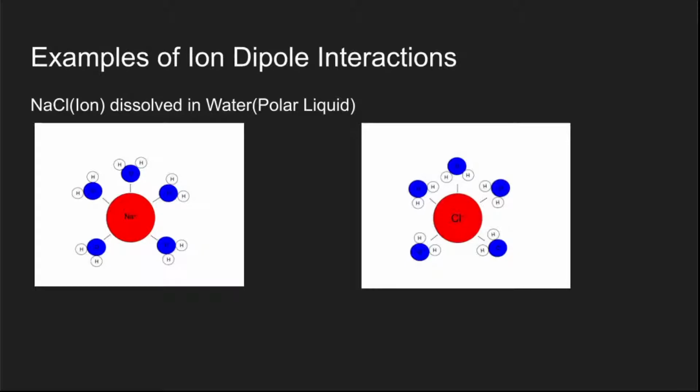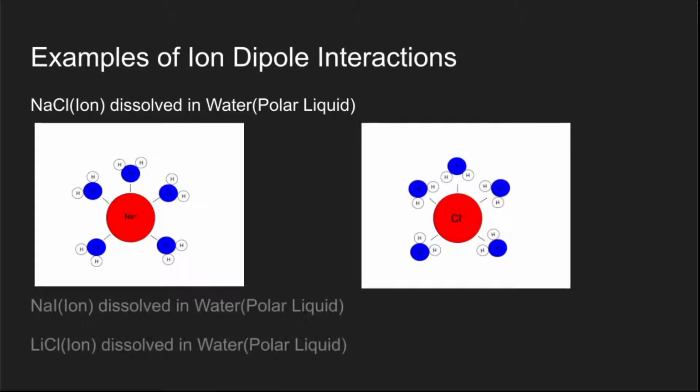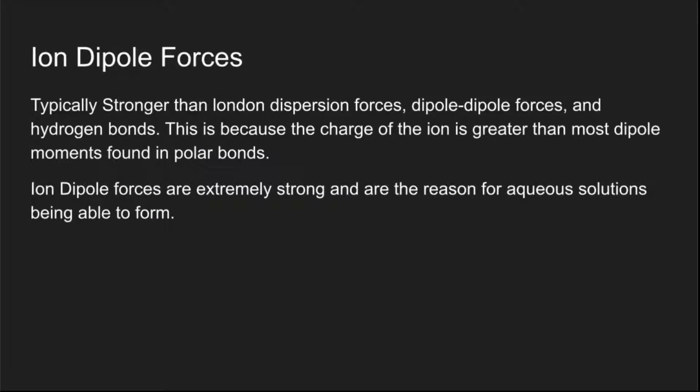In this picture, we see the negative chloride ion interacting with the positive dipole around the hydrogens in the water molecule. Other examples of ion-dipole interactions include sodium iodide dissolved in water and lithium chloride dissolved in water.